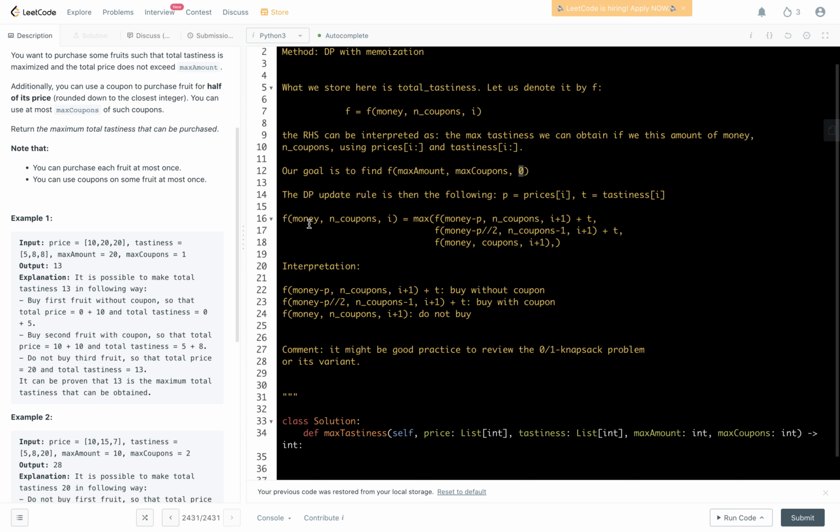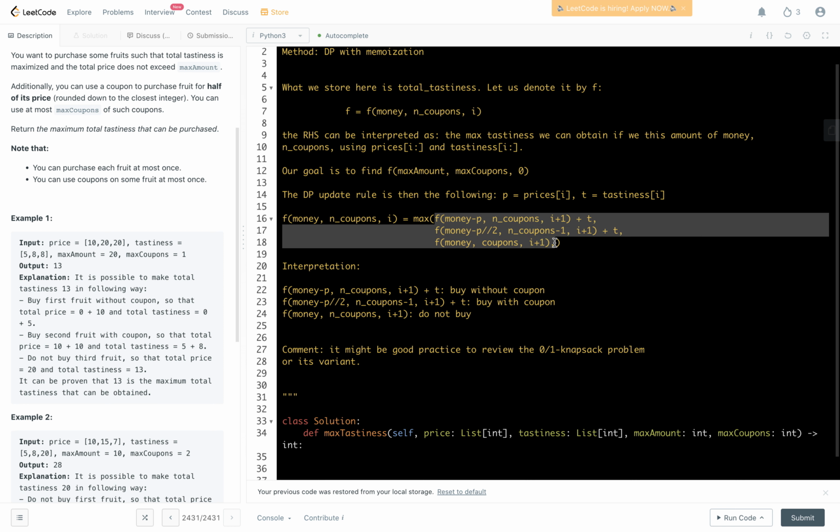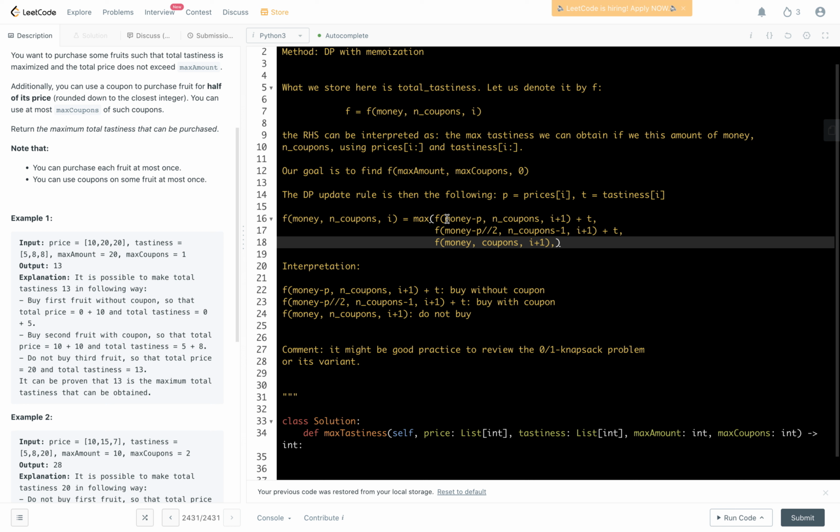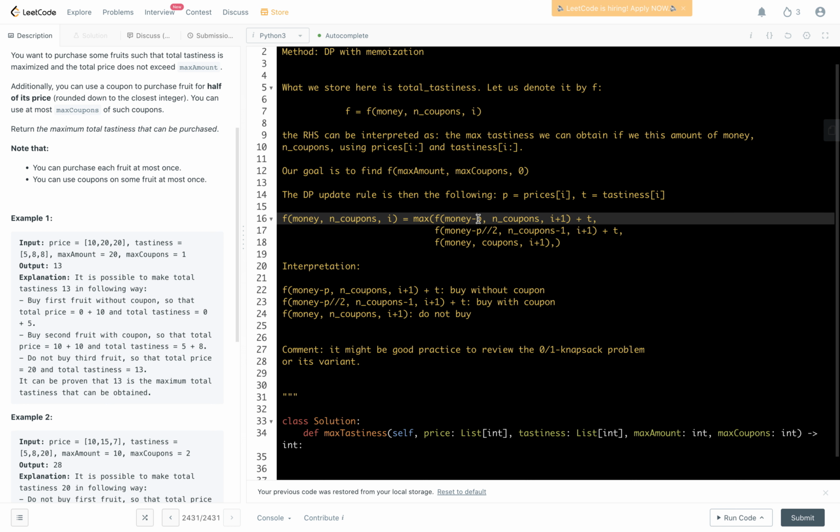Here we can easily get the DP update rule or recursion relation. If we denote P as the price at index i, and T as the tastiness at index i, then this function f(money, coupons, i), this is the general case. We need to treat some edge cases or edge conditions when we write the code. It's a max of these three items.